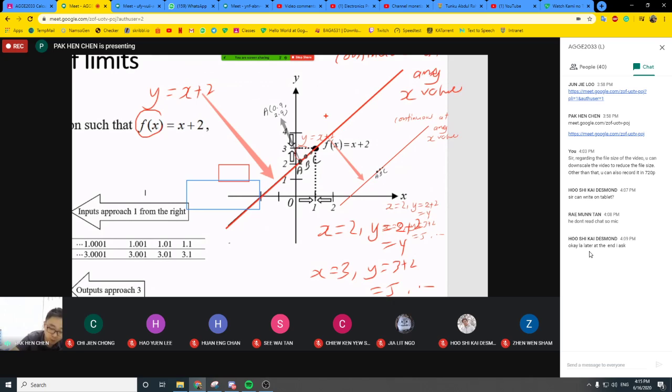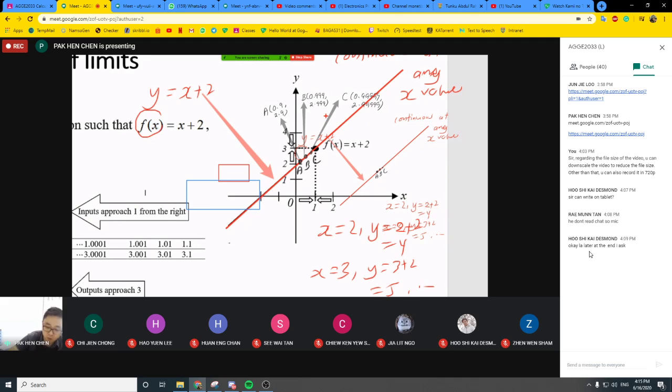When point B is getting close to 1, with coordinate 0.999, for example, then we have 2.999, isn't it? And C is even closer to the value of 1, so the corresponding y will be 2.9.